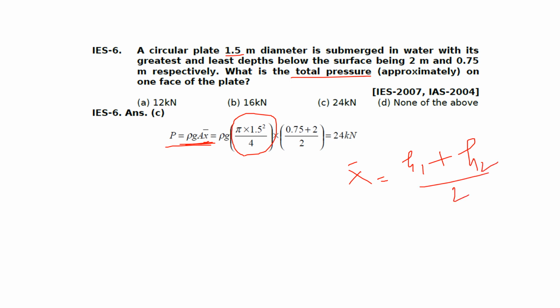So 0.75 plus 2 by 2. If you simplify this, you'll get 24 kilonewton. The answer is C. We have to remember that if the least and greatest depths are given, to get x bar use the formula h1 plus h2 by 2, and put it here, and you'll get 24 kilonewton.